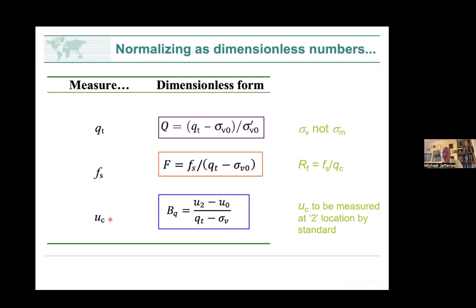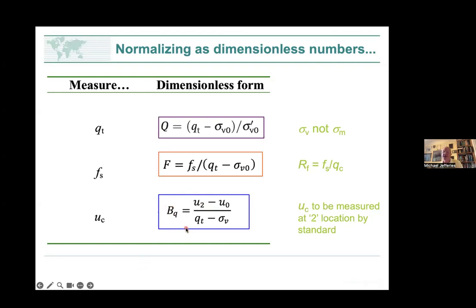But that location more or less measures the pore pressure induced by the compression load, not the shear component. So people became very keen on measuring behind the tip, which is now used as the u2 location, and that terminology is called Bq.